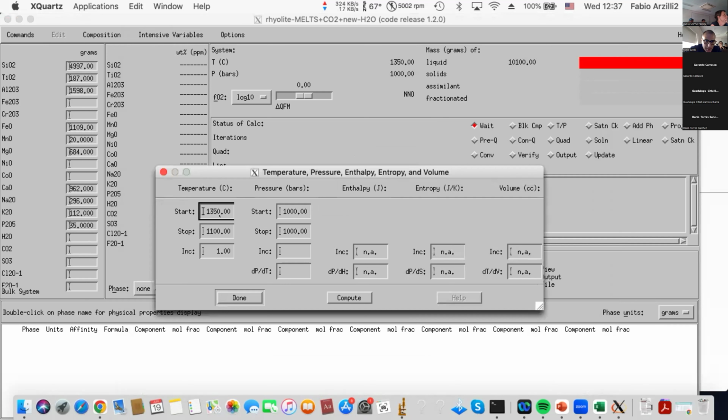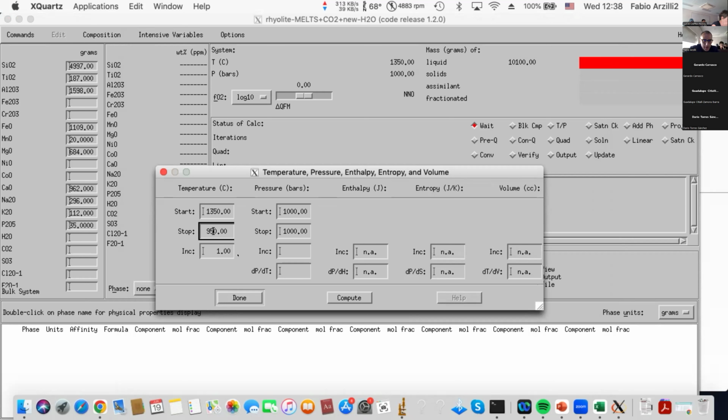At this point, yesterday we selected a very narrow range of temperature. So we keep 1350, maybe we go to, we see if we go to 1000, can go also lower, 950 for instance.